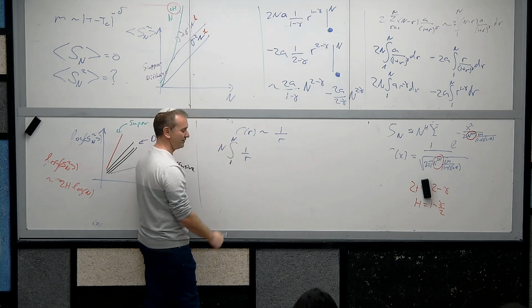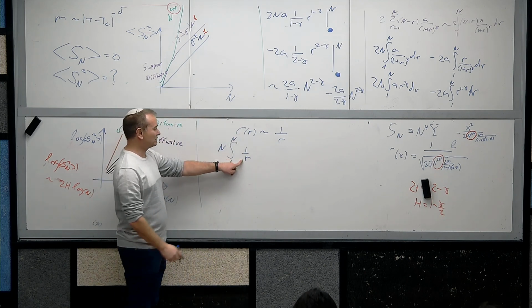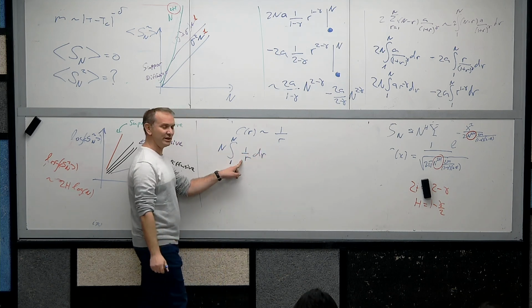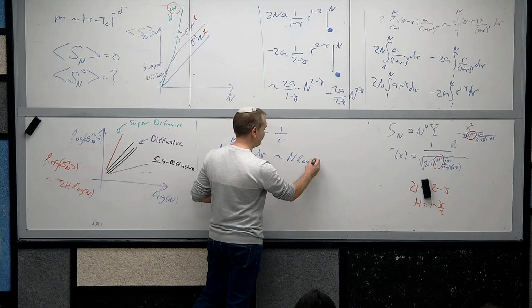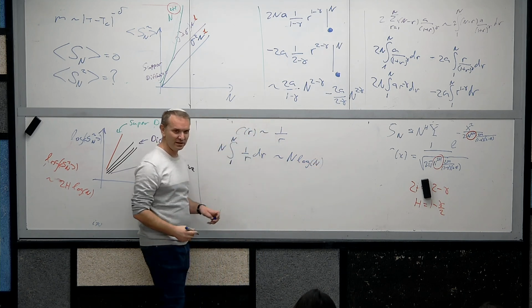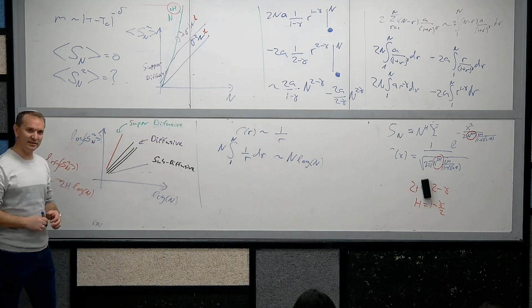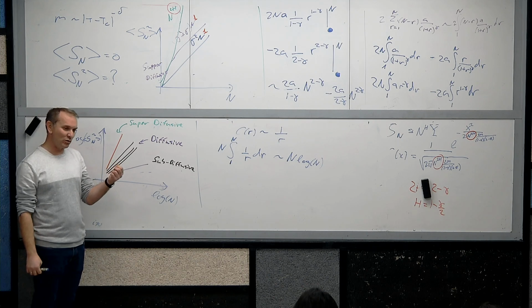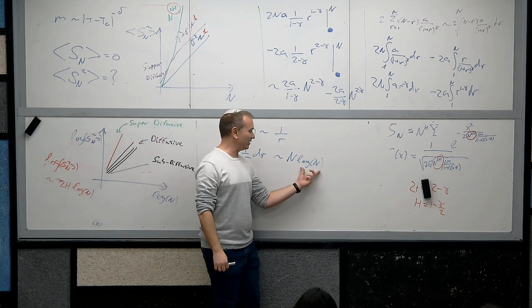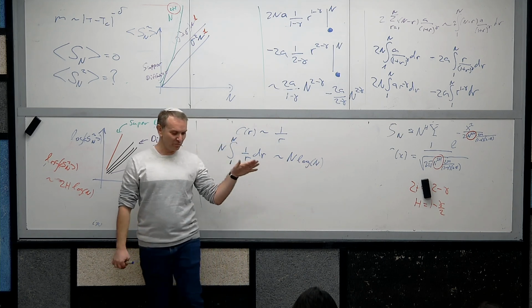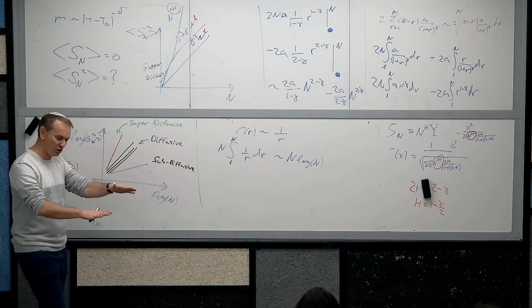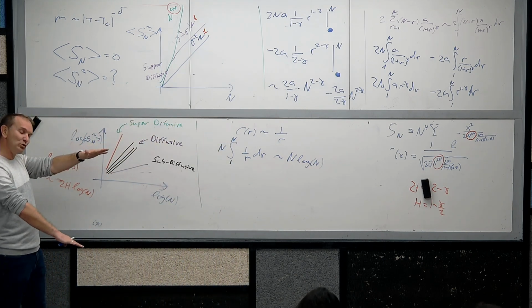When I integrate dr, I obtain n log n. So the scaling is now not n to some power, but n log n. But this log n grows extremely slowly. So you're on a border. It's always in the critical transitions between different groups that you have logarithmic corrections.